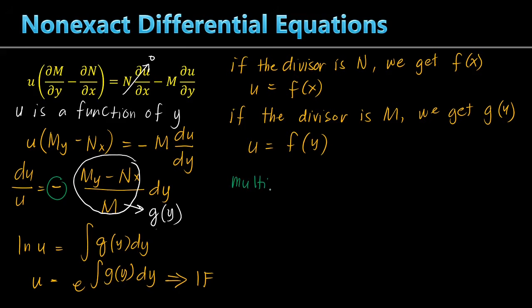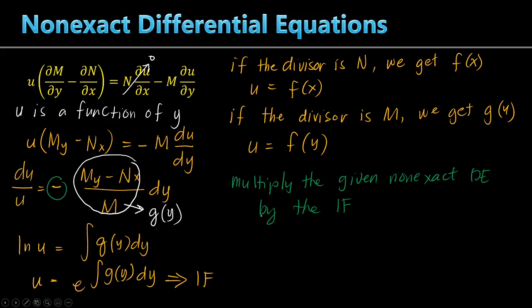So, multiply the given non-exact DE by the integrating factor IF. Pag na-multiply natin siya, we can now say that the equation is exact. So once the equation is exact, pwede mo na siyang applyan ng method of solution para sa mga exact equations na natutunan natin in the previous topic. Okay? Di ba madali lang?